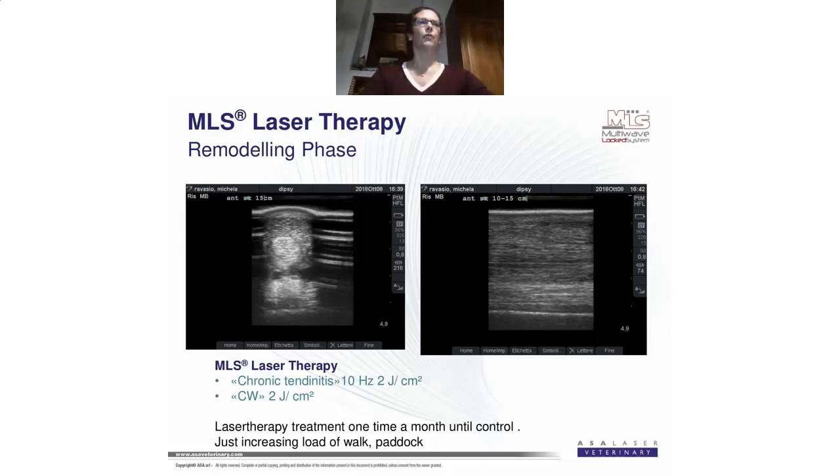I continued the laser therapy also in the chronic phase with the chronic tendonitis protocol, 2 joules per square centimeter, continuous wave, one time a month until control. So at the moment, I don't have any recidivity. It was 2018, and it's now 3 years that there are no problems anymore with this tendon.